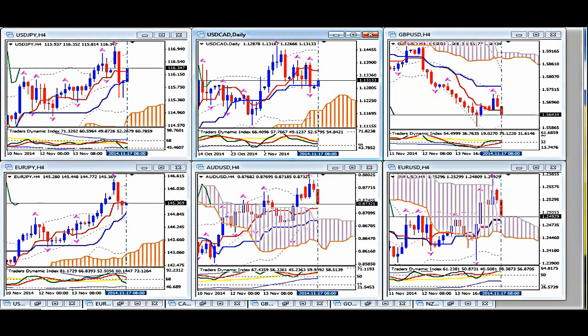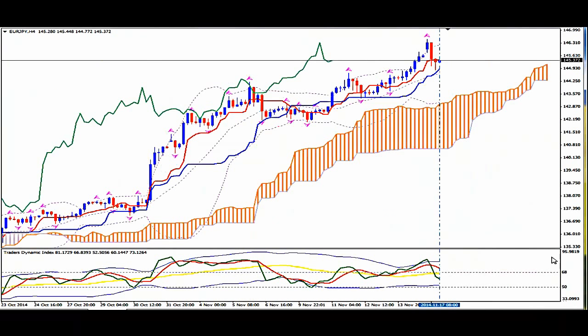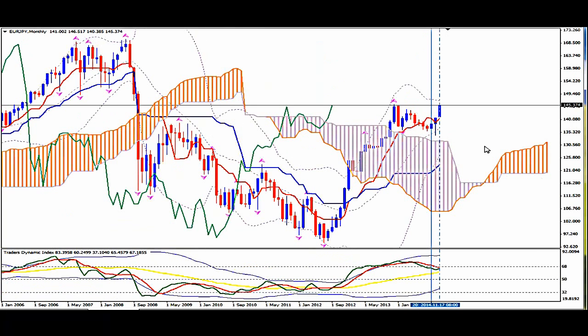And now we have the two yen pairs here to look at. The Euro JPY has been going wildly up for a while now.